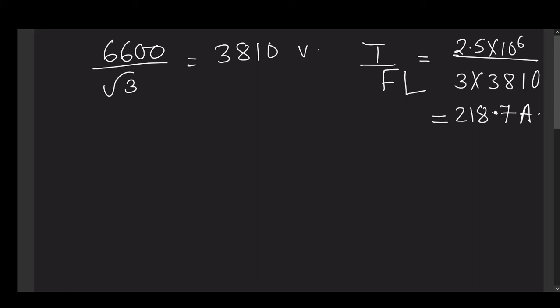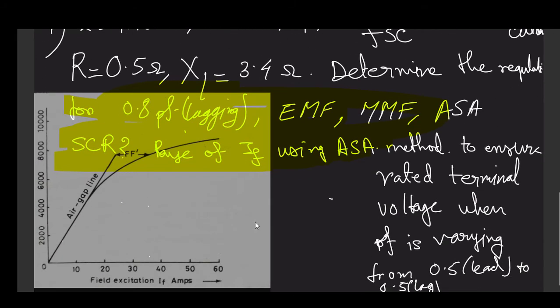So field current IF is equal to 30 ampere. What is the voltage it produces, that we need to check. At 30 ampere, what is the voltage?